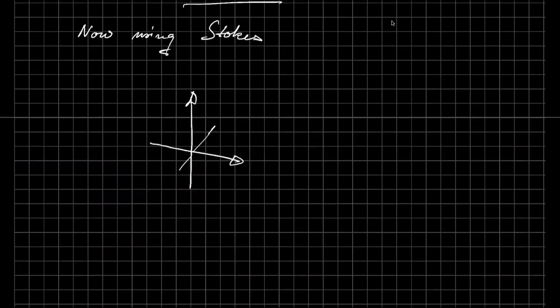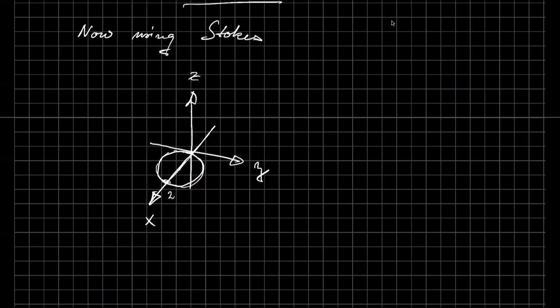You have the axes X, Y, Z, and you have the interface between a cylinder of unit radius and a plane, z equal to 2 minus x.